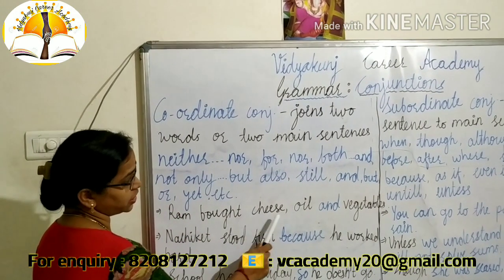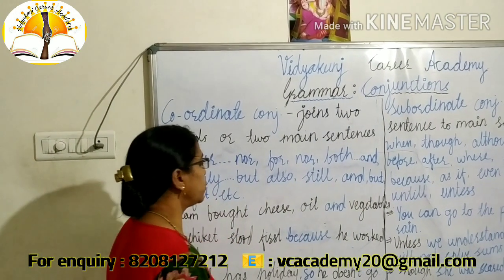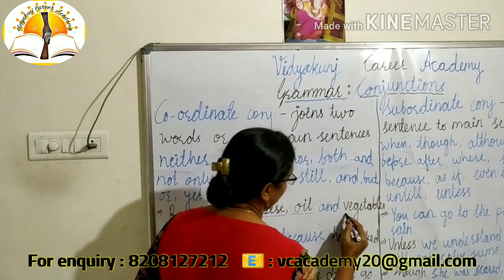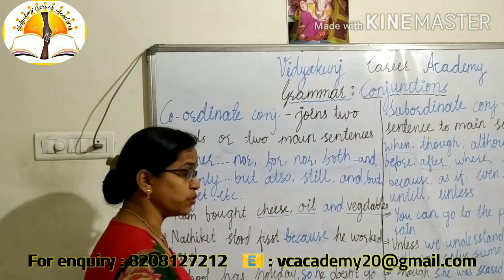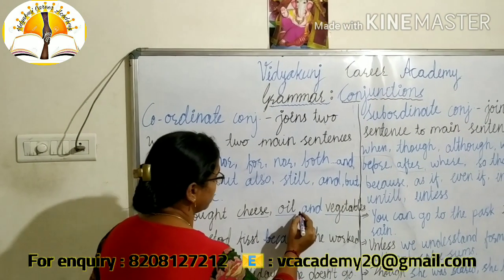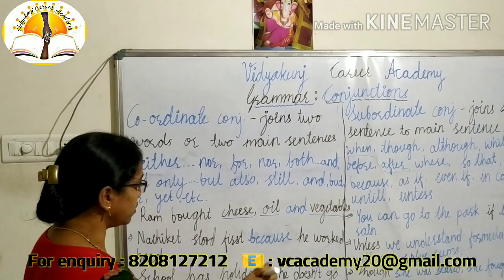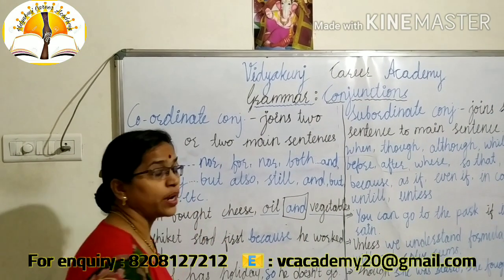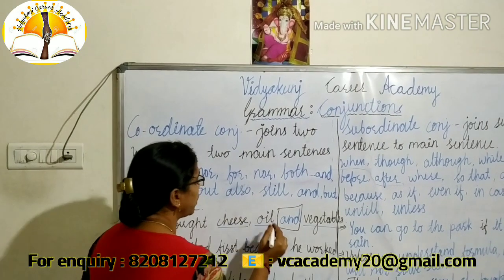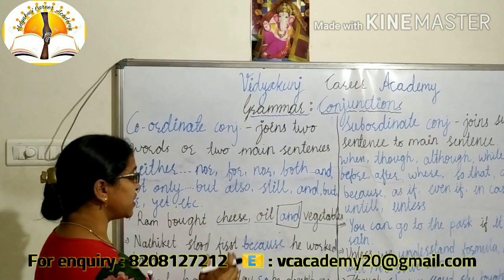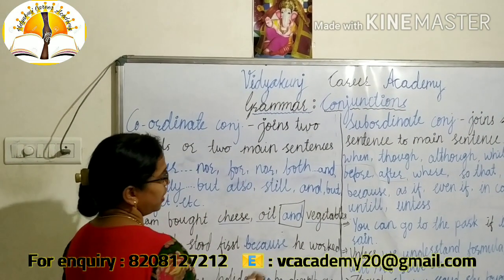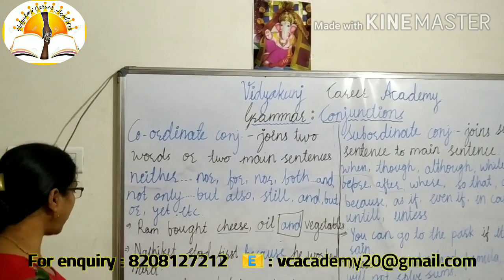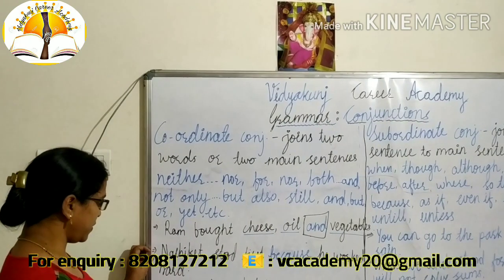Cheese, oil and vegetables are all nouns, and these words are joined by and. When you have to use and, if there are the same kind of words, then you use the conjunction and.